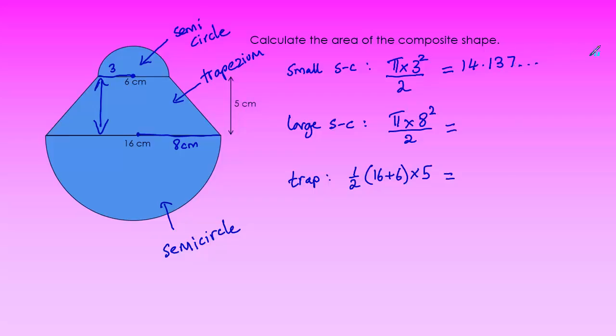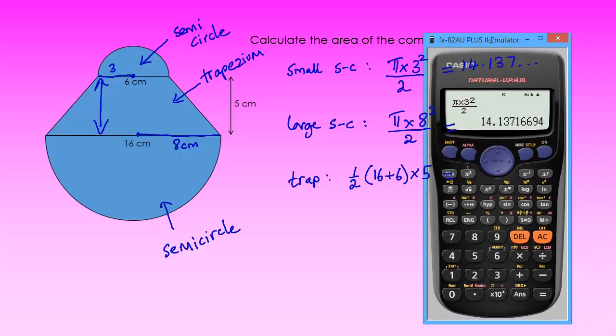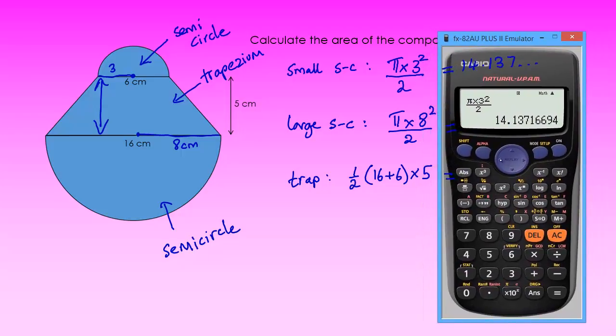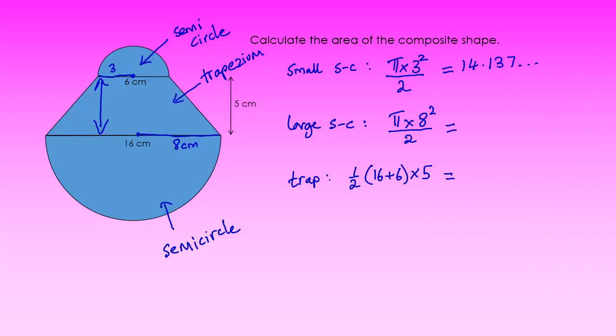Then I'm going to need to do that with 8 instead of 3. So I'm just going to go back and edit that 3 there into an 8. 100.530 and so on.